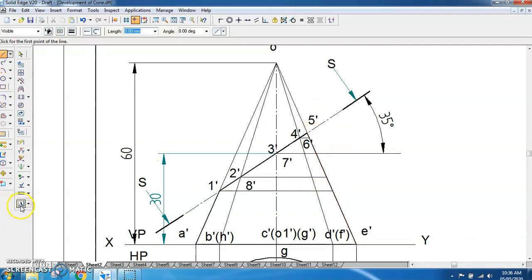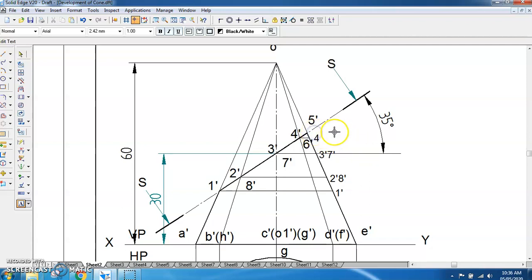Again we can do the naming here. This is 1 dash, this is 2 dash and 8 dash, this point is 3 dash and 7 dash, then 4 dash and 6 dash, and 5 dash. So all points we have taken on OE.